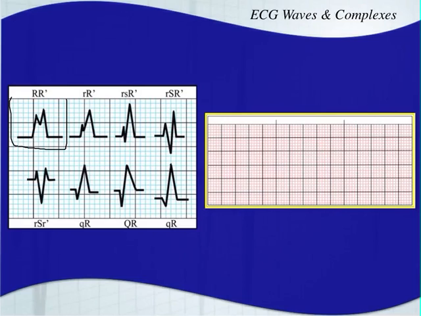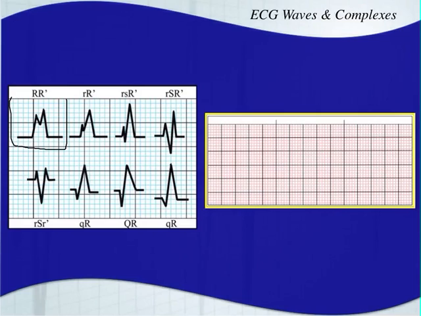When you're denoting the QRS complex, smaller waves will have lowercase letters and larger waves will have uppercase letters. And if you have more than one wave of the same type, you'll put that little apostrophe denoting that it's the prime. So this one is called RR prime. There's no Q wave and there's no S wave because nothing goes below the isoelectric line. That is still called a QRS complex.